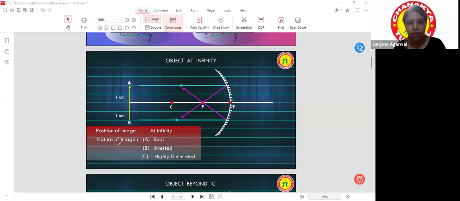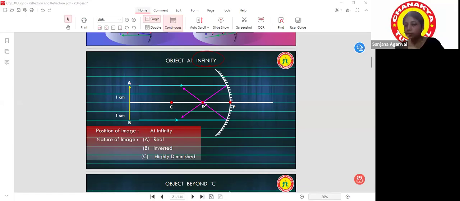So the very first case, if we have the object at infinity, let us allow the rays of light to fall upon the concave mirror. What will happen? As discussed, this is why it is known as a converging mirror. This is the answer.